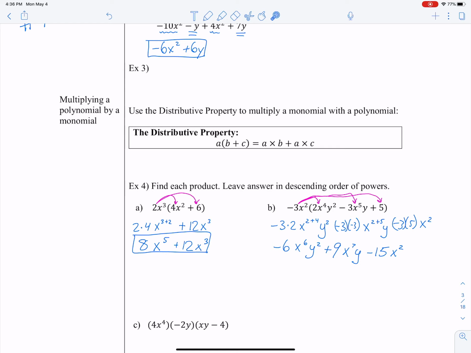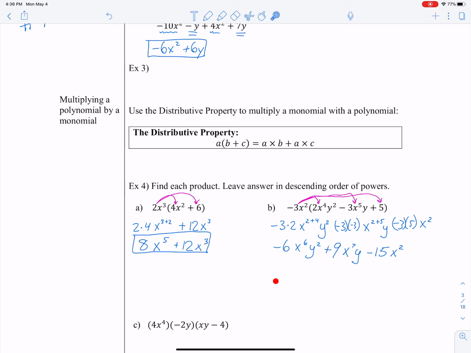Let's say that this was y to the 2. So this would be 7, 8, 9, and this would be 8. So if that was the case, if this one had the higher power, you would rewrite this with this one in the first position. So you would switch these two.